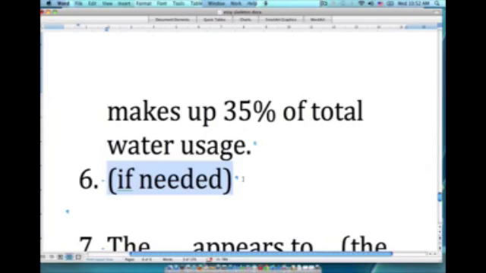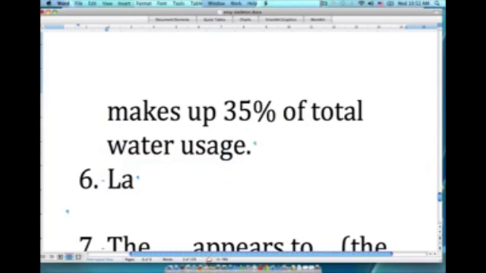So for us, we only have a few more things we have to talk about. There was laundry water usage, kitchen water usage, and general cleaning. And each of those had rather small percentages. So I recall the laundry was 9%, the kitchen was 5%, and the general cleaning was 2%.